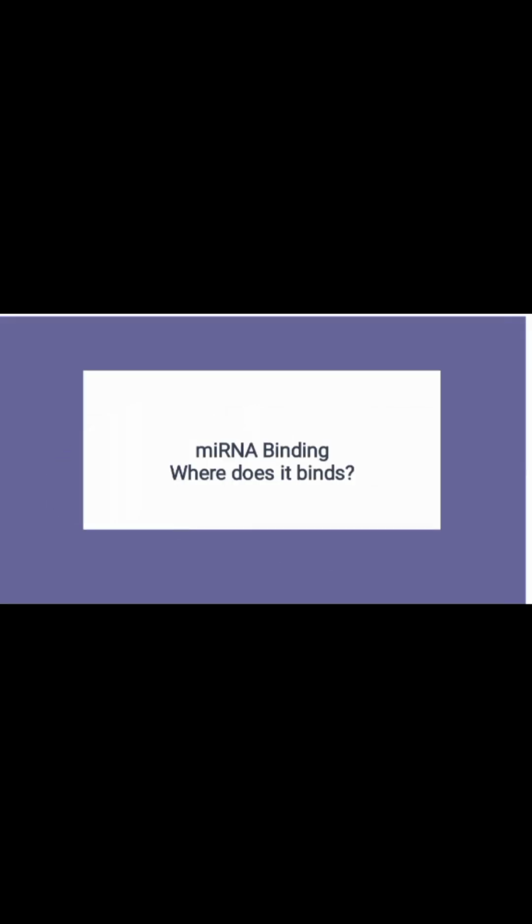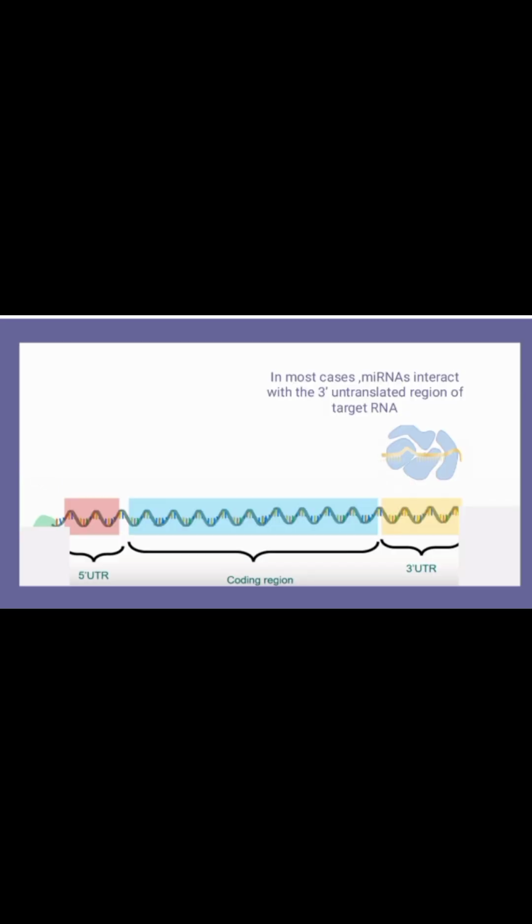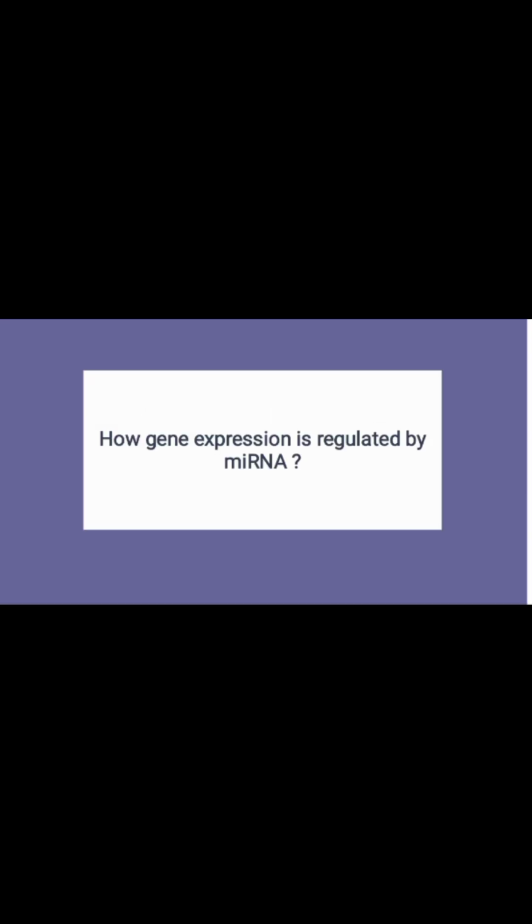So the question is, where do microRNAs bind? MicroRNA can possibly bind to different untranslated regions. Most commonly, they prefer the 3' untranslated region. In some cases, though rare, they can also bind to the 5' untranslated region, but that's much less frequent.